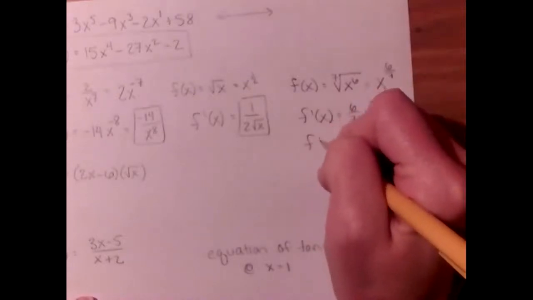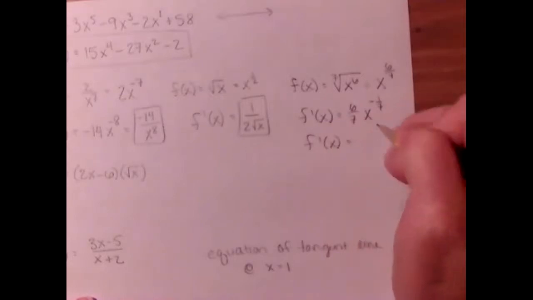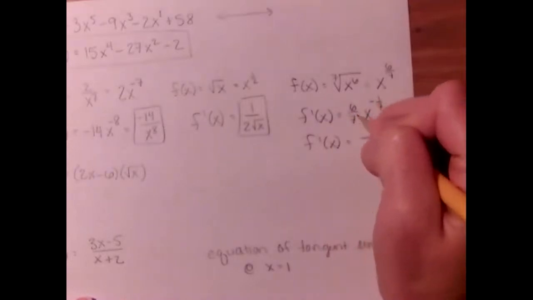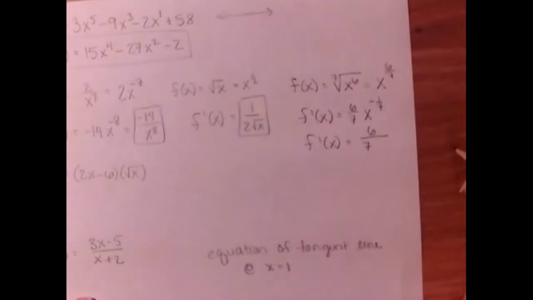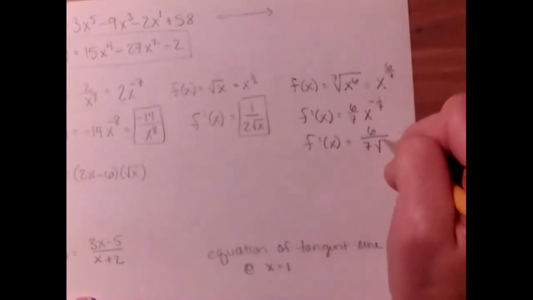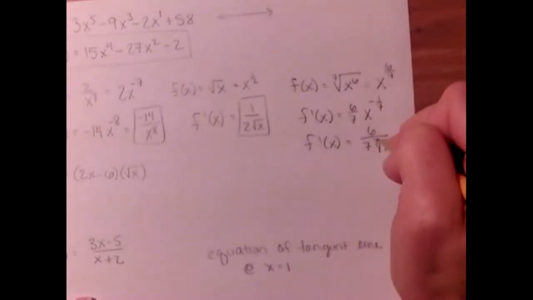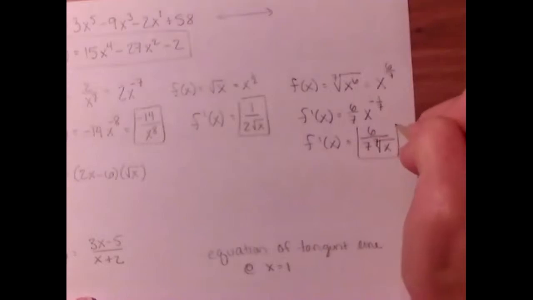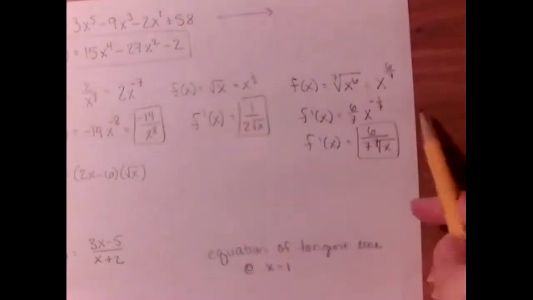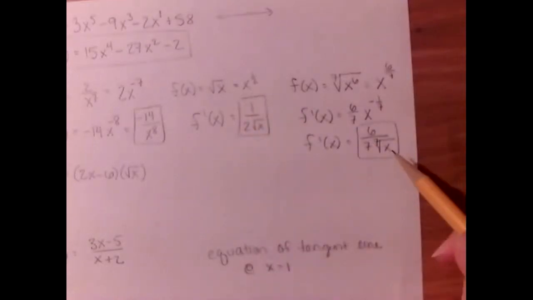And then when you go to fix the negative exponent, we still have this fraction 6/7 out front, so that still stays. This is going to come down to the denominator, and it would be the 7th root of x. So it was the same principle as this one. The fraction was just a little bit nastier, but the math and the idea behind it is the same.